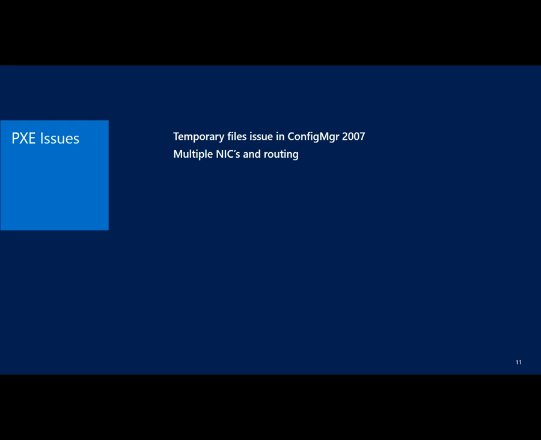In 2007, I haven't seen it in 2012, haven't heard it reported in 2012, the temp files could lock up, and they would cause WDS not to be able to service any requests. So you might have to reboot, you might have to clear them. Sometimes it was attributed to virus scanning being too frequent or whatever, but at least that was an issue in 2007. Again, haven't seen it in 2012, so that's good, right?